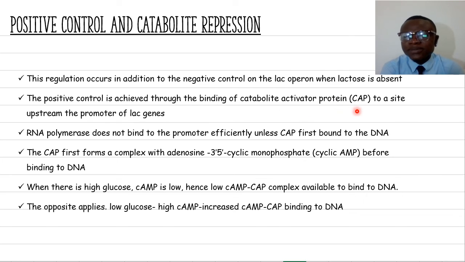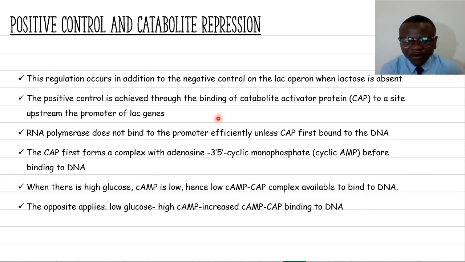So the CAP protein will bind to a site that is upstream of the promoter. When you hear about upstream and downstream, the point towards the promoter is termed upstream or the start point, whereas the point towards the last structural gene is termed downstream.